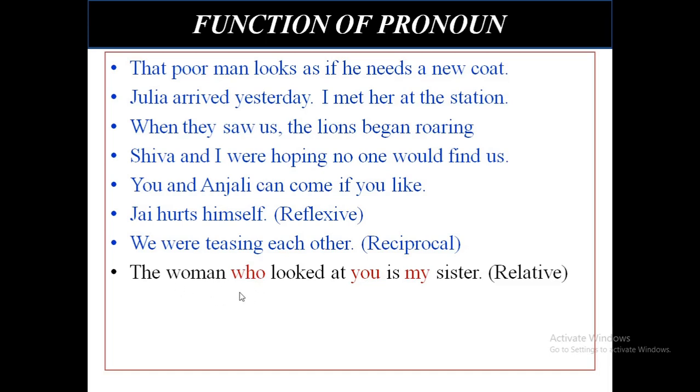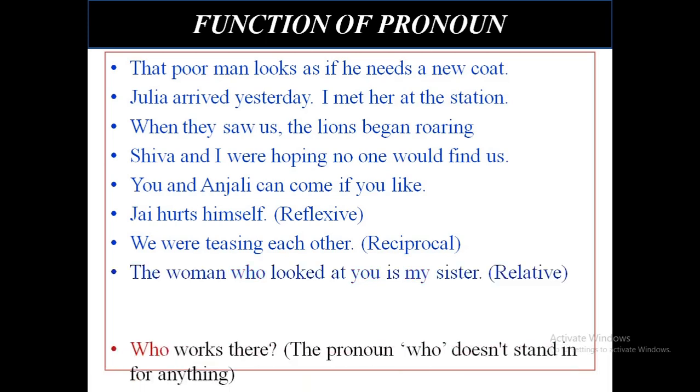The woman who looked at you: the second person is the one the speaker is speaking to, and that person is called you. And my represents the speaker of the sentence. So all these three words in red color refer to some people.